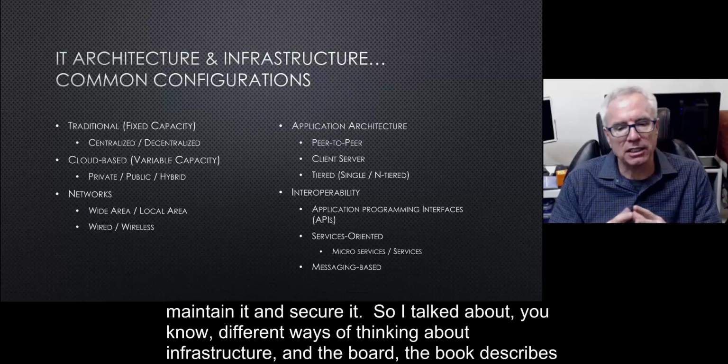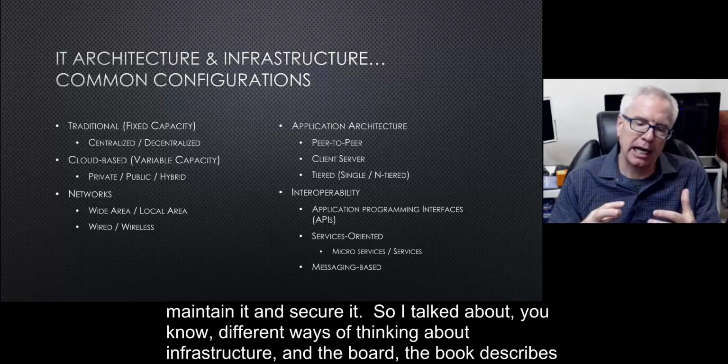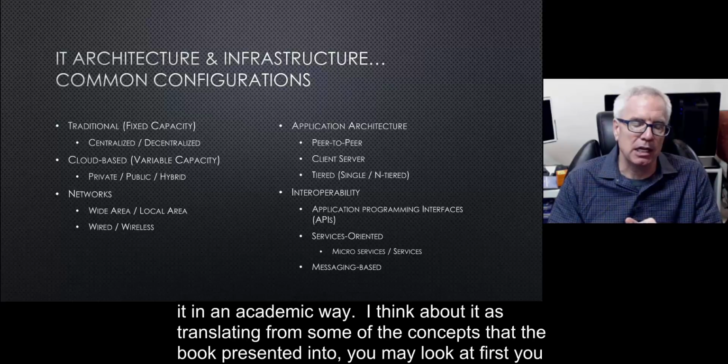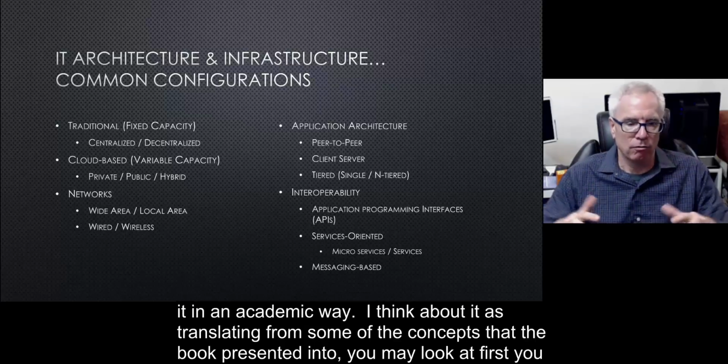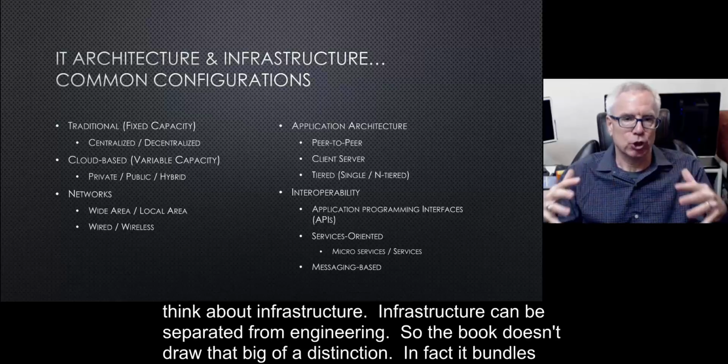So I talked about different ways of thinking about infrastructure, and the book describes it in an academic way. I think about it as translating from some of the concepts that the book presented. You may look at first, you think about infrastructure.